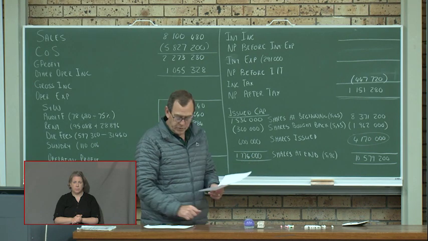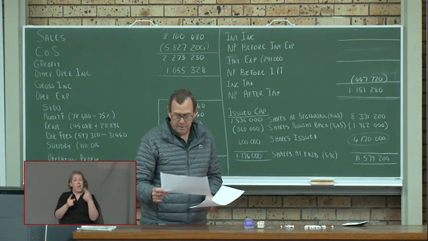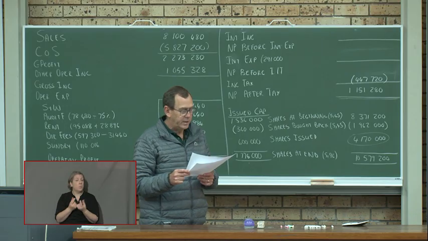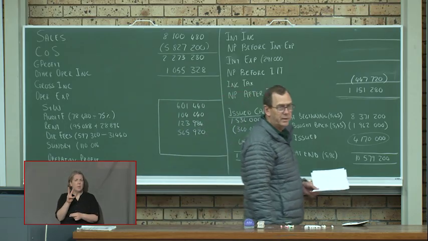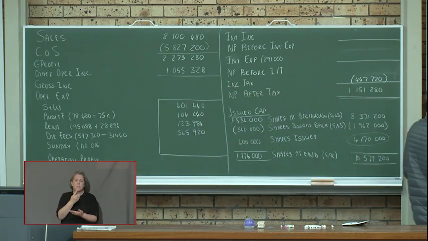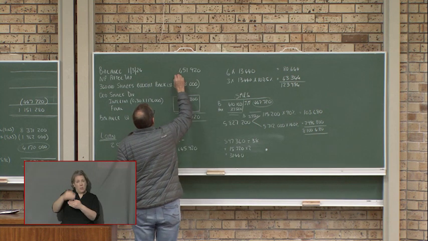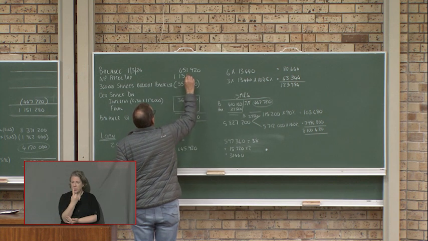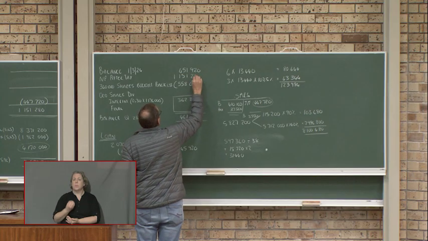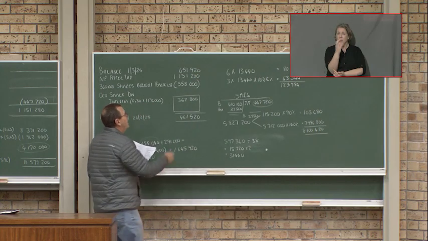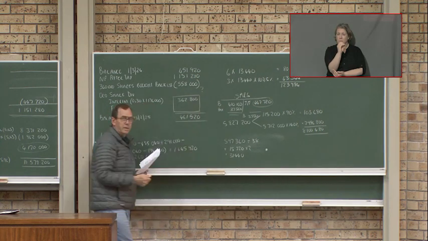So now we only have to do our final dividend. They say final dividends were declared, but they don't give us anything. So we know we have our net profit after tax, 1,151,280. So we only need that figure, am I right?